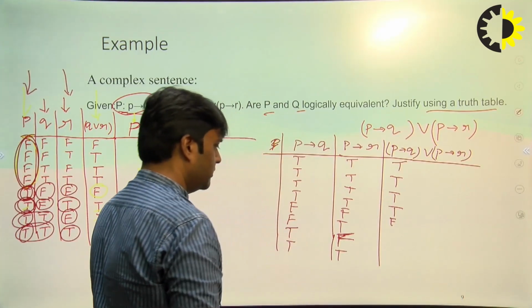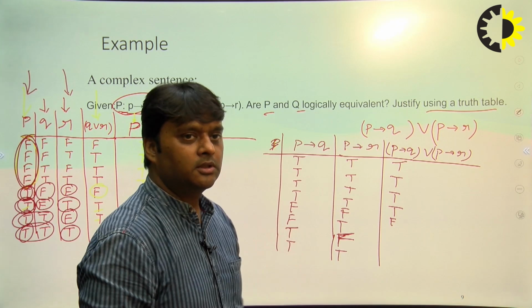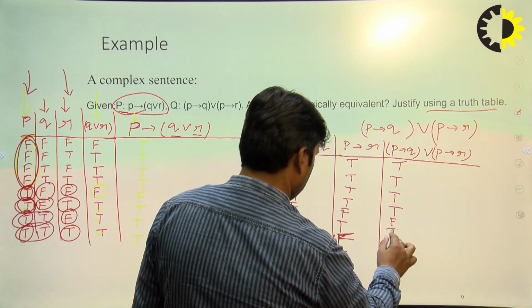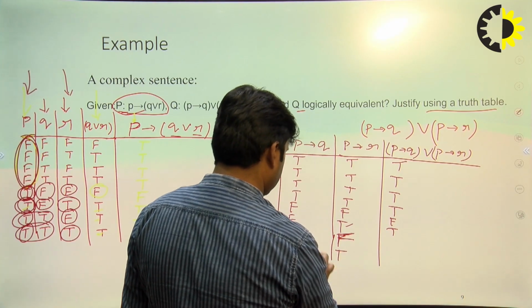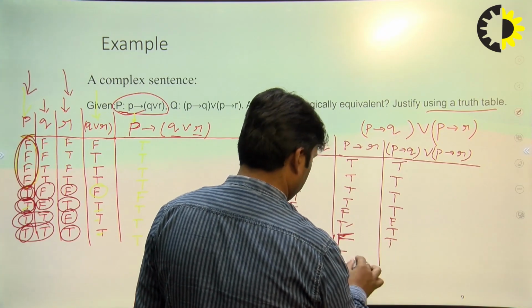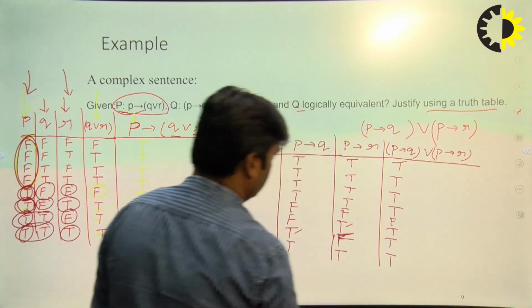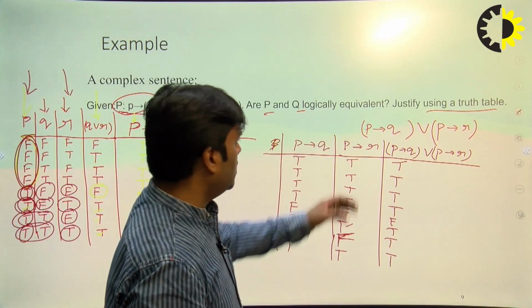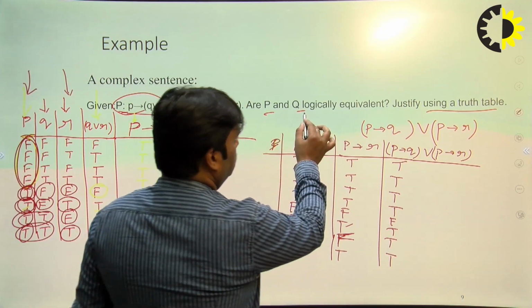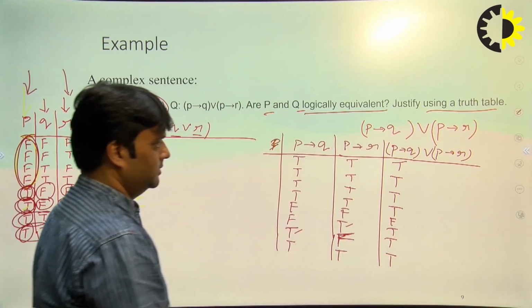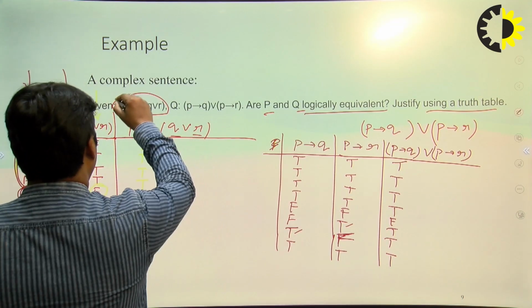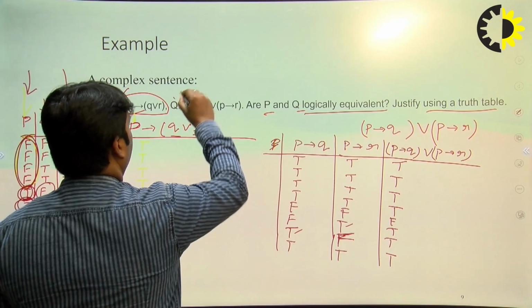If any one of them is true, then the output will be true. So true, one is true, this is true, both are true, then true. So the question asks about logical equivalence. Is it logically equivalent or not?